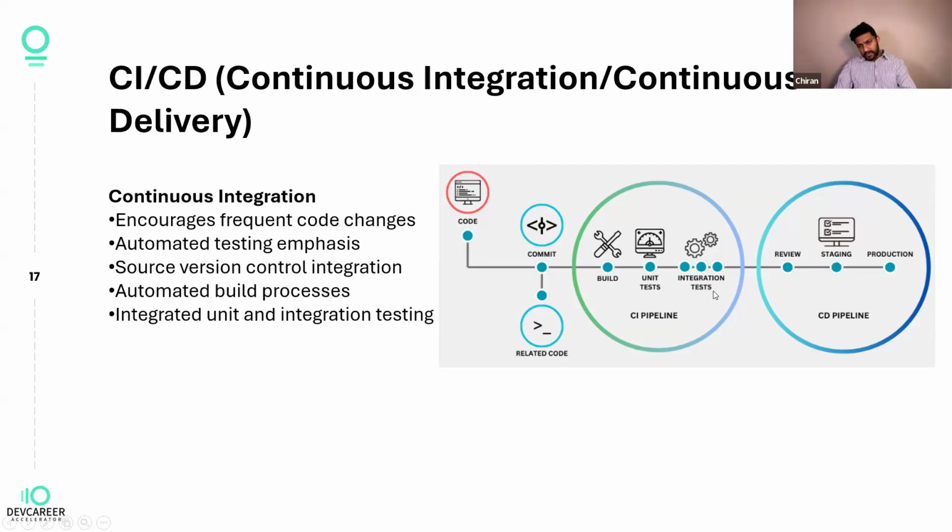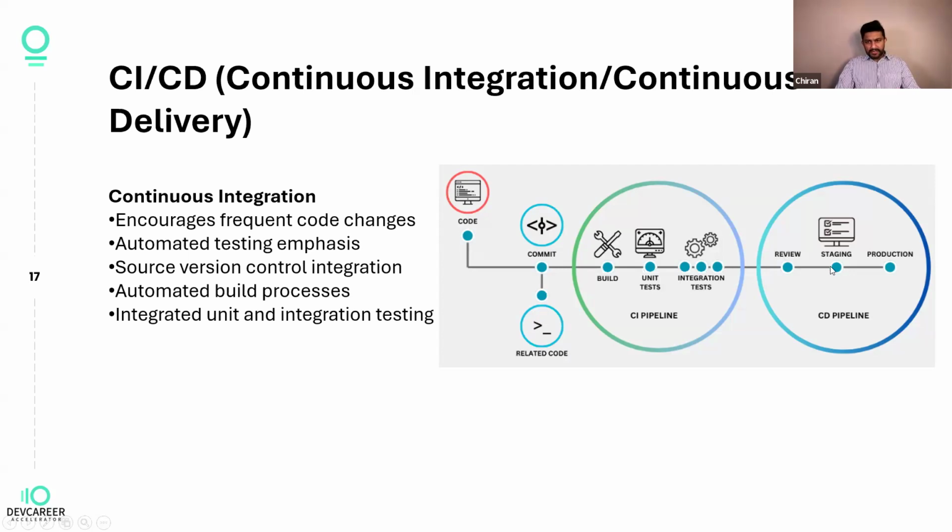And then we come back to the CD part. CD is continuous delivery or continuous deployment. In the next slide, we'll discuss the difference between continuous delivery and continuous deployment. That's where you deploy your code. Again, in a monolithic architecture, you deploy your WAR file or zip file, and then you deploy again to testing and staging.